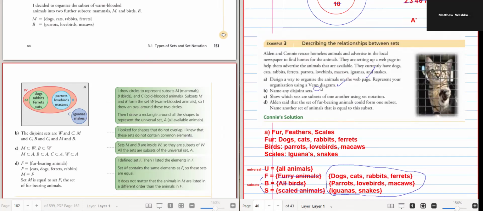Name any disjoint sets. I want you to think about that. What is a disjoint set? Would there even be one here? A disjoint set in this case, if you had to Google it, it would be two sets that don't have anything in common.